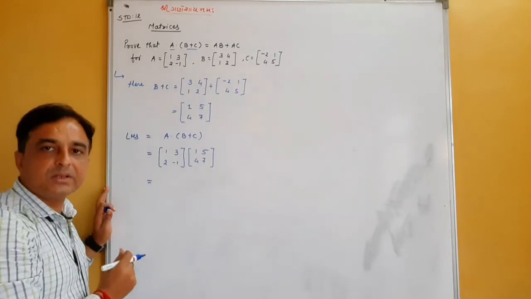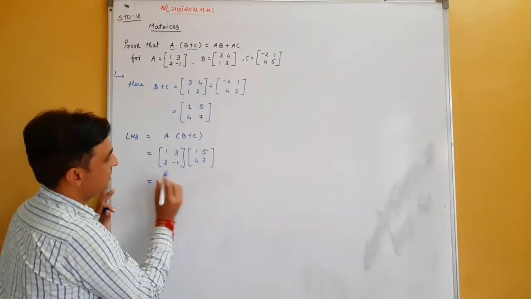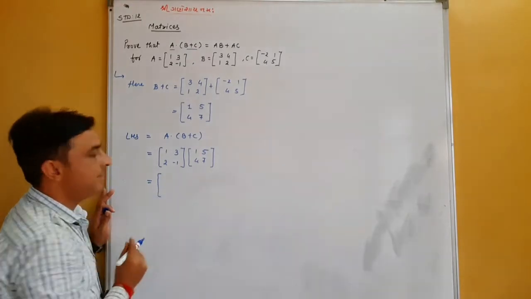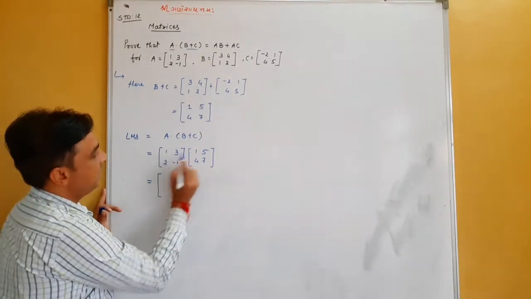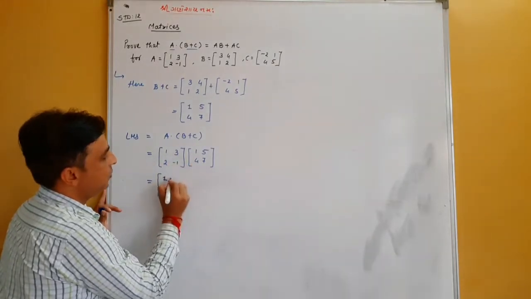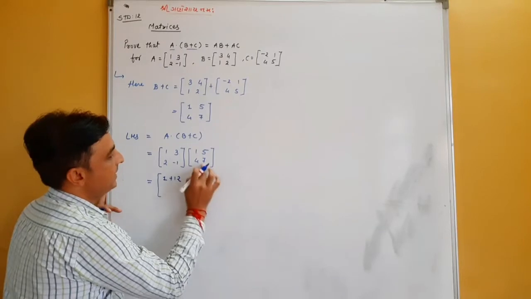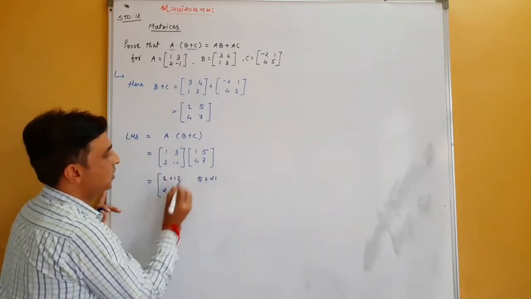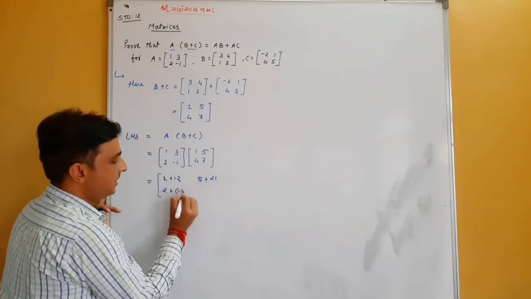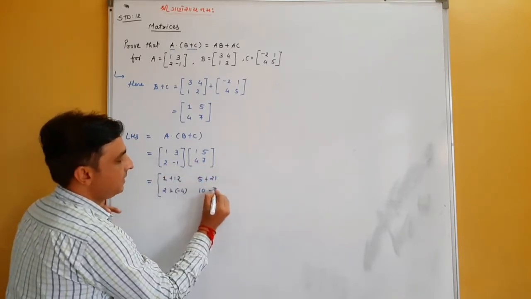Now multiplication of these two matrices: first row, first column, corresponding elements will be multiplied and then added. So 1 into 1 is 1, 3 into 4 is 12, 1 into 5 is 5 and 7 3s are 21, 2 1s are 2, 4 minus 1 is minus 4, 2 5s are 10 and 7 minus.